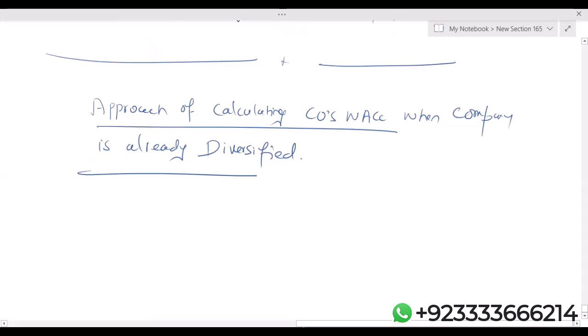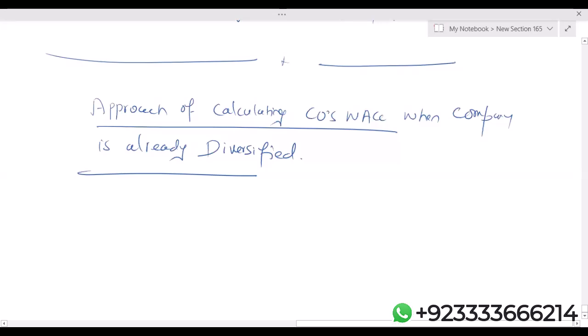Now, the scenario is different. Let's say the examiner has given you the question where the company is not diversifying, the company is already diversified. Let's say the company is already operating in the automobile industry as well as, let's say, in the cement industry. So they are already operating in two industries. There's a possibility they are already operating in three industries. Simply the examiner is asking you to calculate WACC of a diversified business.